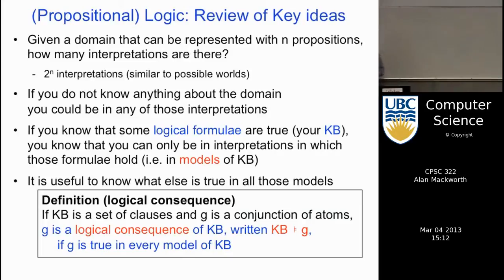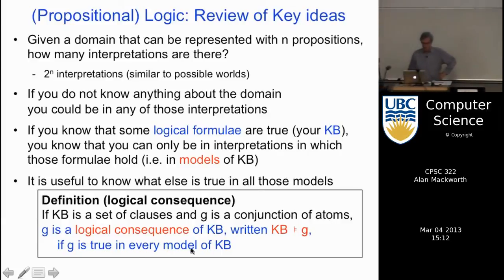So that's what we call a logical consequence. If KB is a set of clauses and G is a conjunction of atoms, G is a logical consequence of the KB, written KB double turnstile G. Okay? This is very important. There's a double turnstile there. That's a semantic notion, not a proof-theoretic notion, which is a single turnstile.